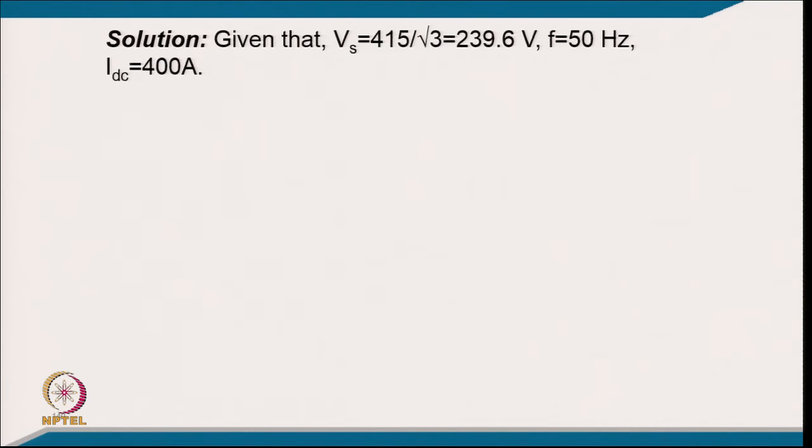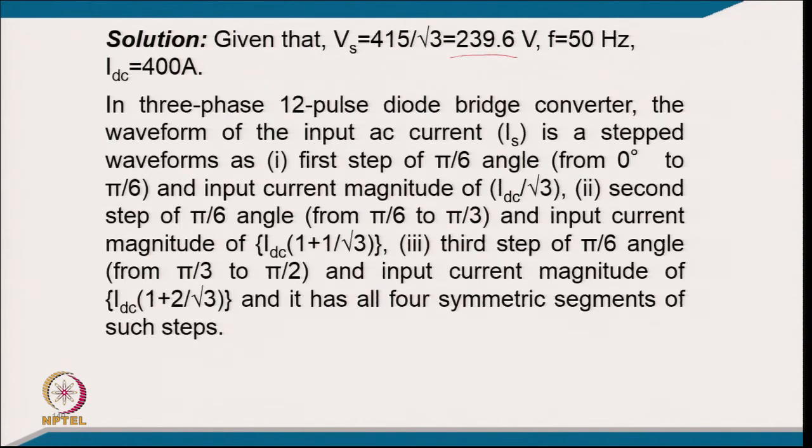So, coming to the solution, given that the supply voltage per phase will be 415 by root 3, that is 239.6 volt, 50 hertz, and the DC side current is 400 ampere. In a 3 phase 12 pulse diode bridge converter, the waveform of input AC mains current is a stepped waveform. The first step of pi by 6 angle is from 0 to pi by 6, and the input current magnitude is IDC by root 3.